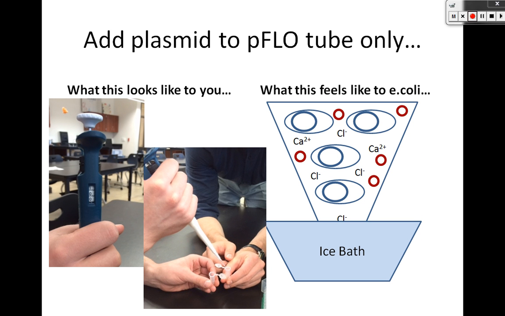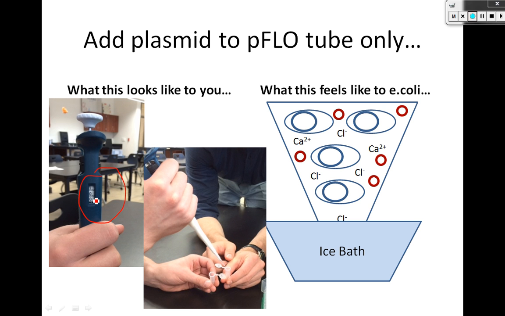So then you're going to, of your two tubes, add the plasmid to the pFLO tube only. And again, if you're not reading the directions, you're like, what's a pFLO tube and what does that even mean? But read the directions. So you're adding 10 microliters of the plasmid, and so this is a little reminder on your micropipette that this is a P20, and you can see that would be 10 microliters because this is the tens place, the ones place, and then the tenths place.